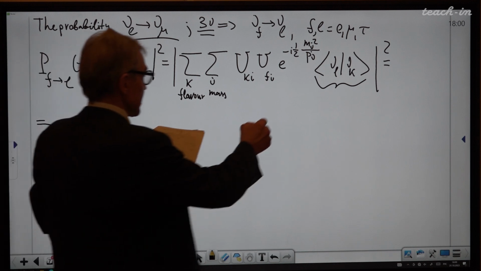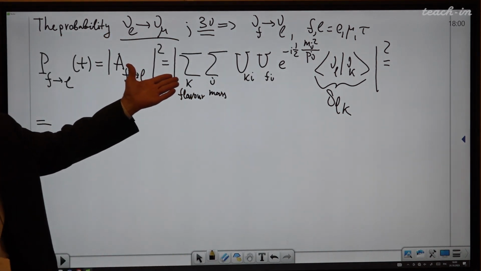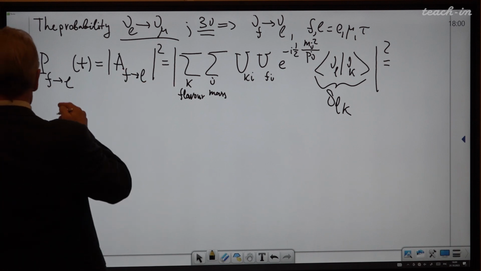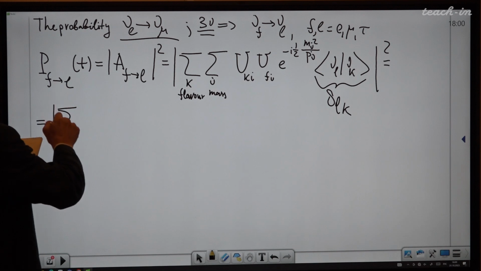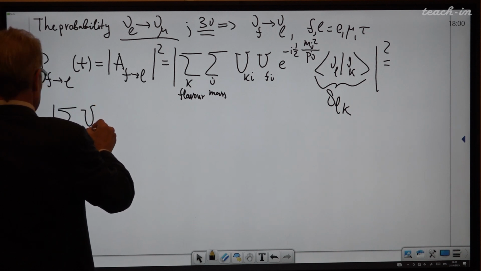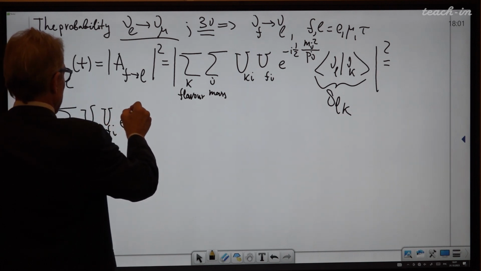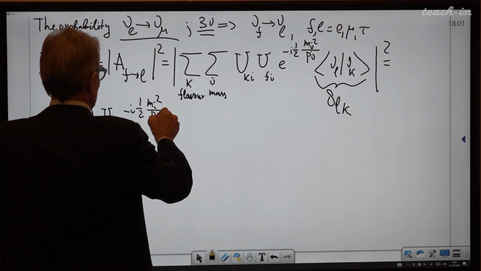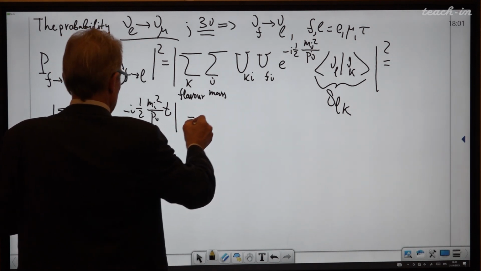This is nothing but delta_Lk, and we can just easily make one of these summations using this, and we get that this is the modulus of the sum over mass states, mixing matrix U_Li, mixing matrix U_Fi, exponent minus i, 1/2, mass of neutrino squared divided by momentum, T, modulus.